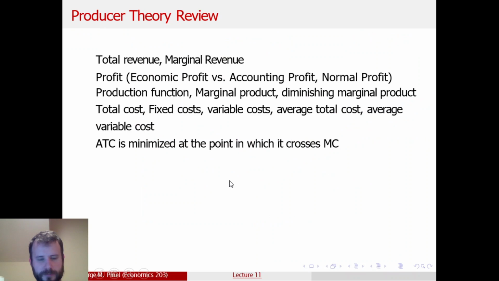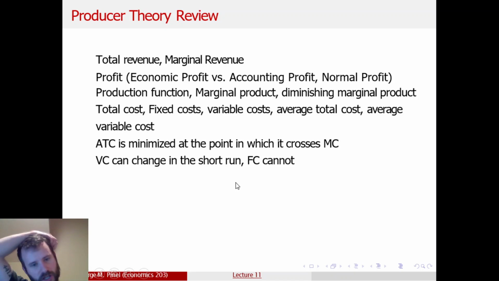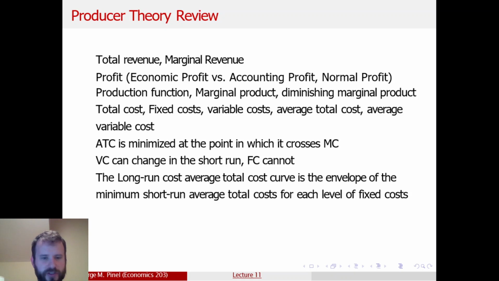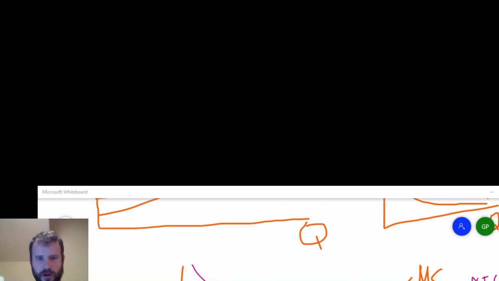Okay, I already said this, but variable costs can change in the short run. Fixed costs cannot. And I already said this one, the long run average total cost curve is the envelope. So by the envelope, I mean what I just drew up here.